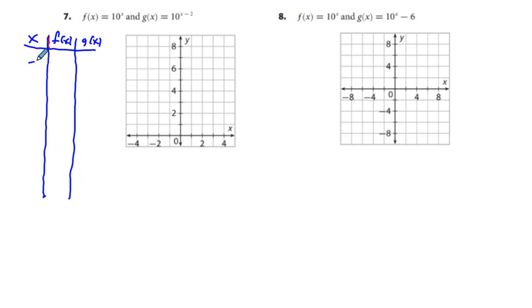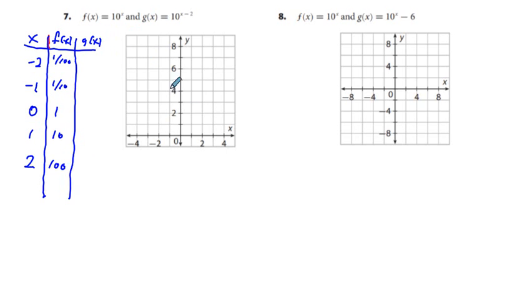So if we put in negative 2, negative 1, 0, 1, 2, and then we put in f of x, same thing as before. We have 1/100th. We have 1/10 goes here. 1, 10, 100.